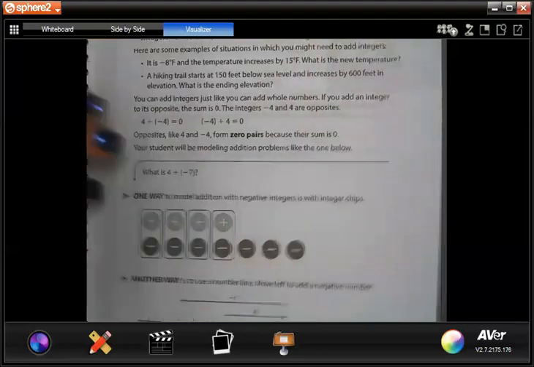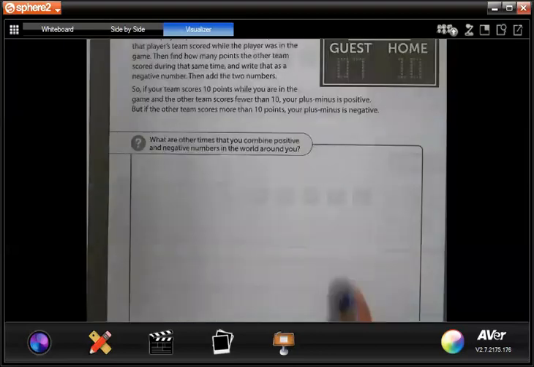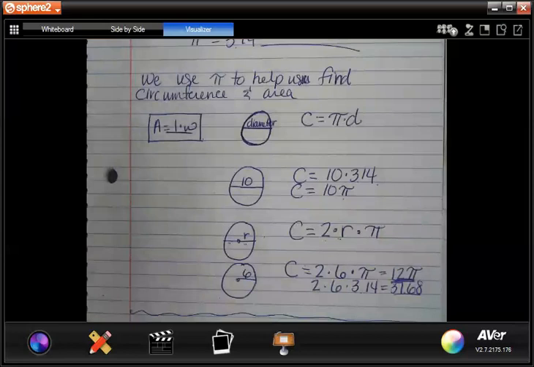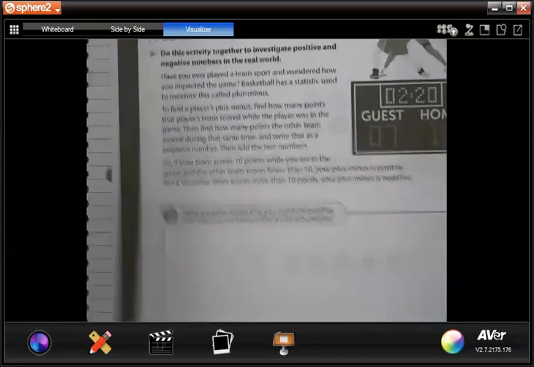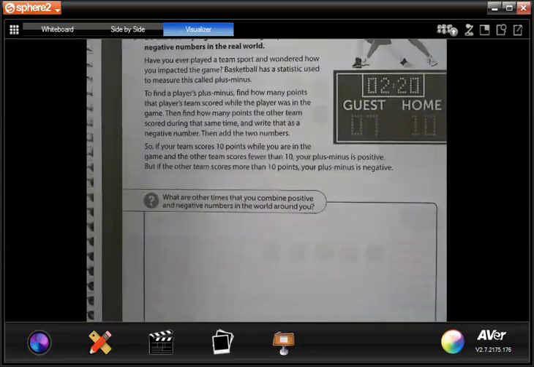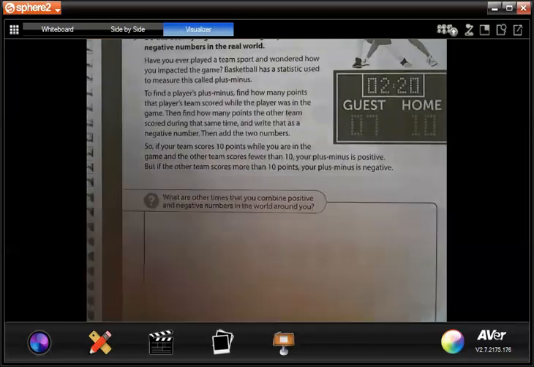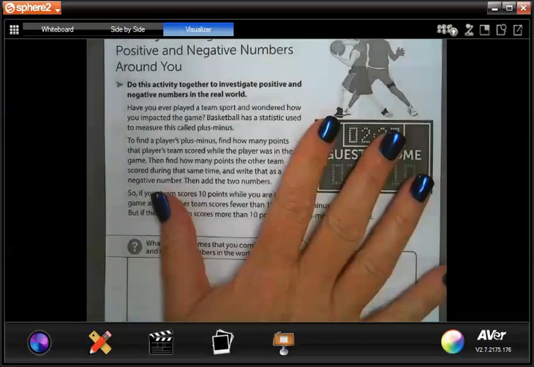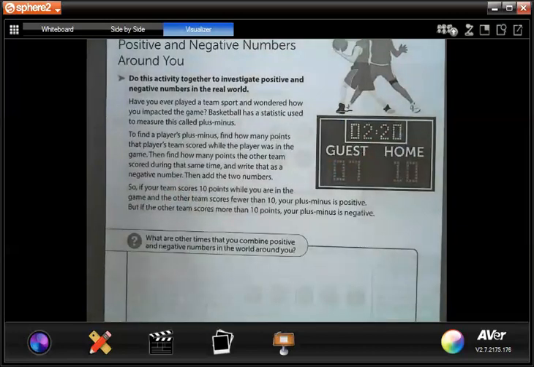So let's take a look at a different example of how to think about integers. This is a problem, and I guess it's real life. My second period class and I talked about it today, and they said that they do this in hockey too, and basketball.